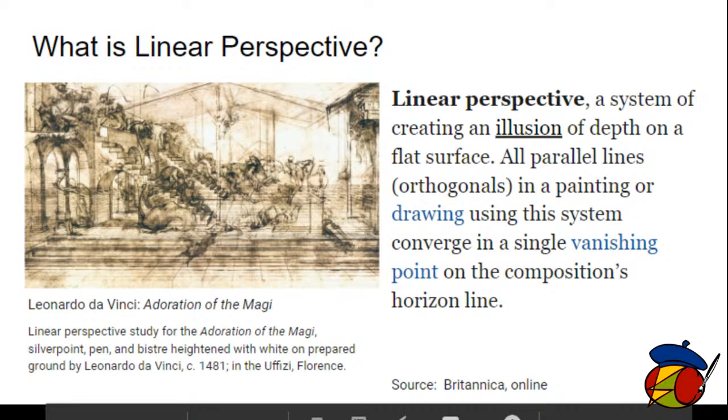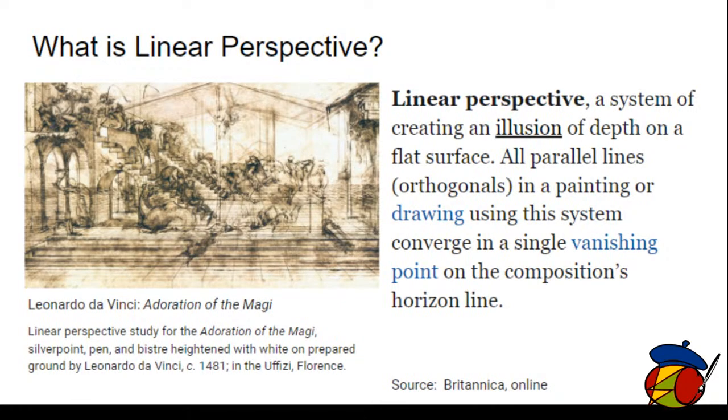So again, linear perspective is a system of creating an illusion of depth on a flat surface. All parallel lines, orthogonals, in a painting or drawing using this system converge in a single vanishing point on the composition horizon line. We're going to go through that in detail.